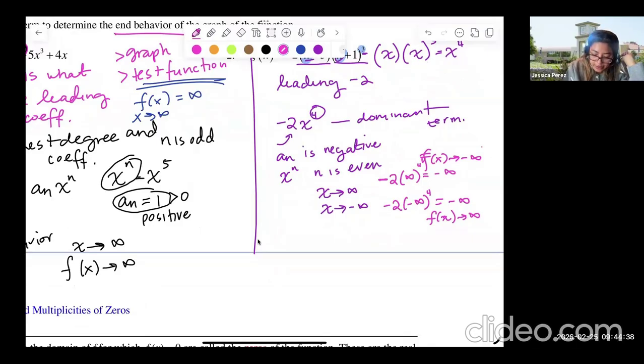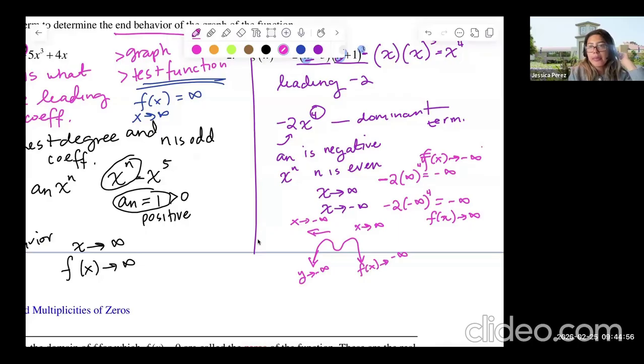So this will behave this way. As x approaches negative infinity, my y value will go to negative infinity. As x approaches positive infinity, my y value will go to negative infinity regardless. So we saw that both when x is positive infinity and when it's negative.